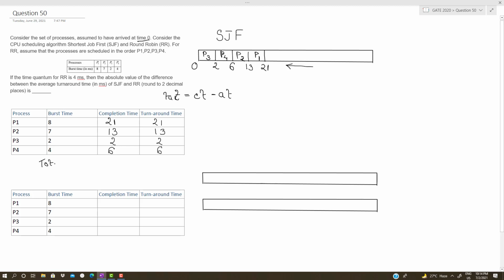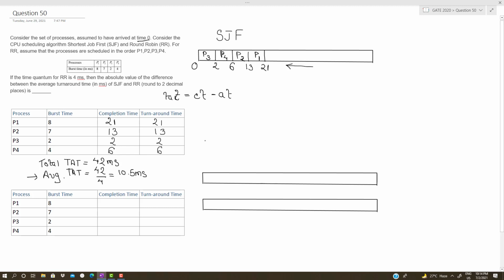So the total turnaround time, which we call TAT as well, is nothing but 42 milliseconds, right? And so the average turnaround time is 42 divided by 4, which is 10.5 milliseconds. So we now find for SJF, this is the average turnaround time.